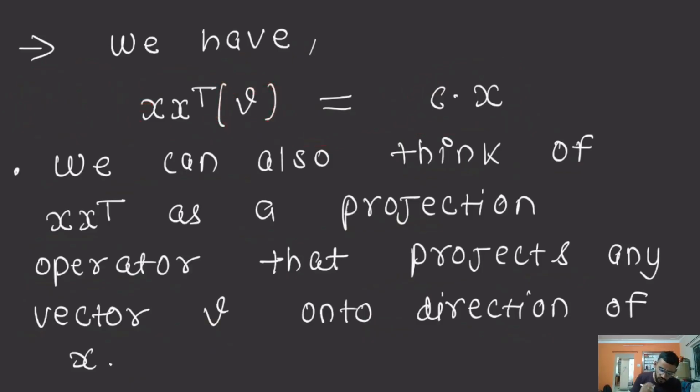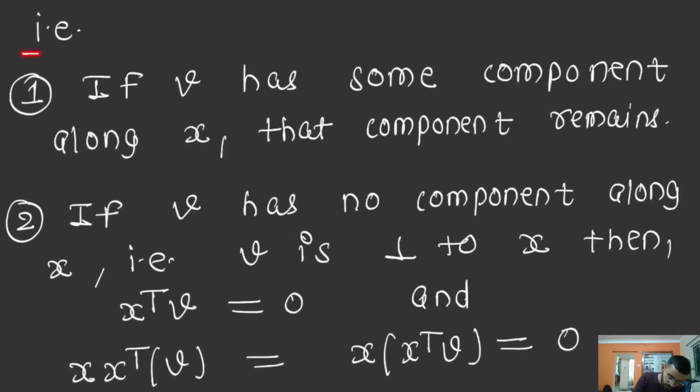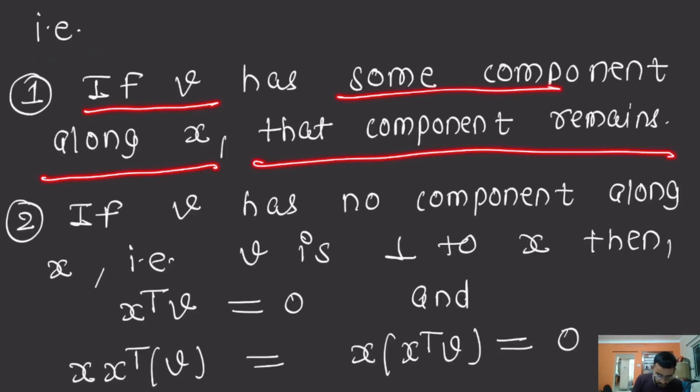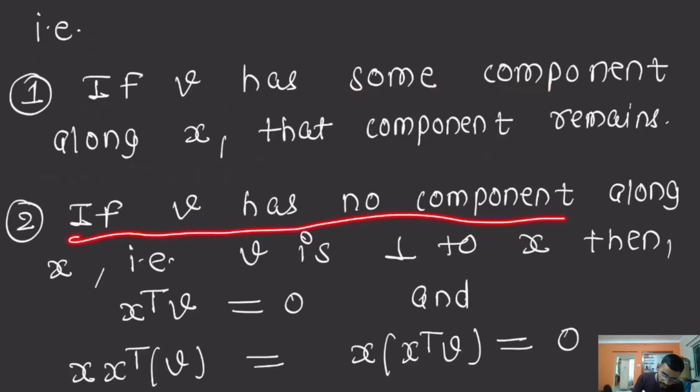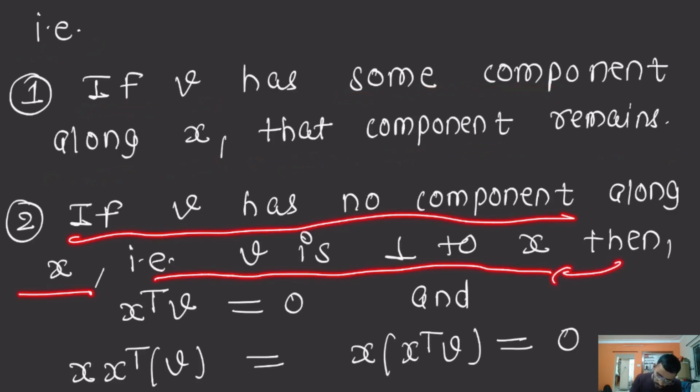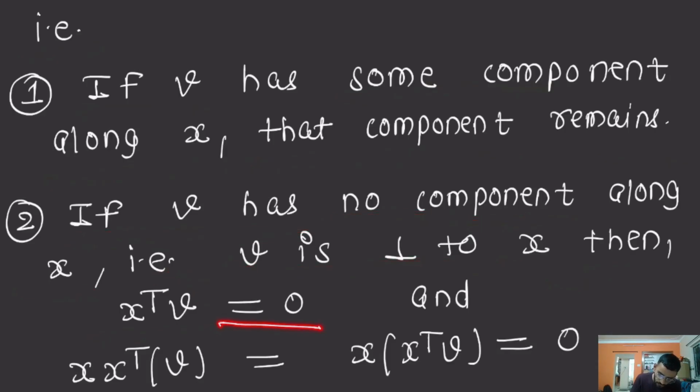So what happens if we have some component in the x direction, and what if we don't? If V has some component along the x direction, then that component remains. If V has no component along x, which means V is perpendicular to x, then the inner product vanishes, that is, x transpose V is equal to 0.